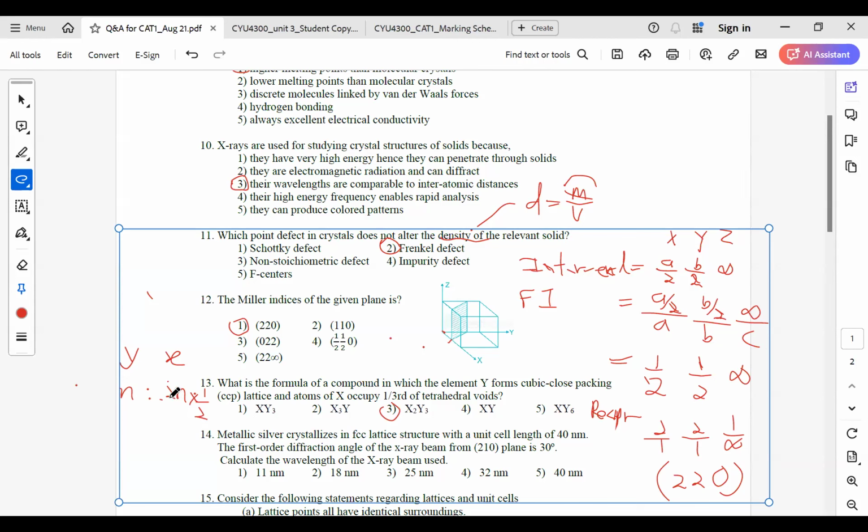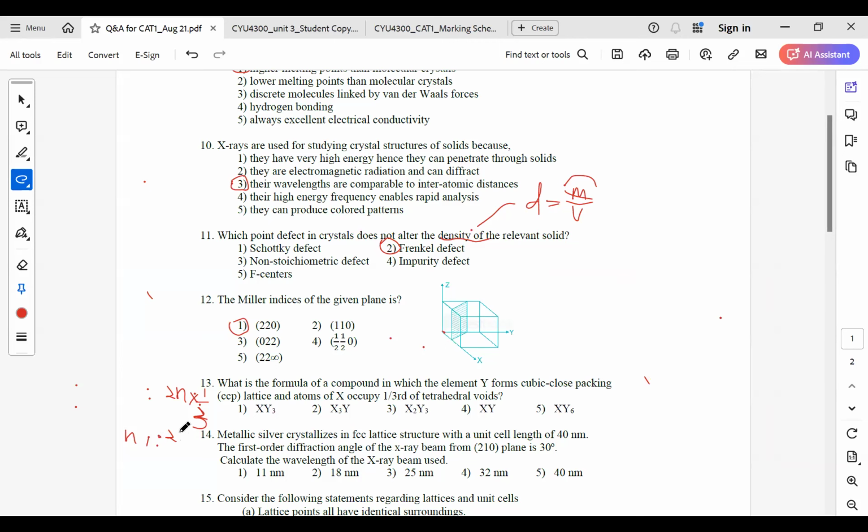So if you consider that there are n number of Y atoms close packed, which will create 2n number of tetrahedral voids, then 1/3 of those tetrahedral voids are occupied by X. Now you just simply have to simplify this ratio. So n to 2n divided by 3.